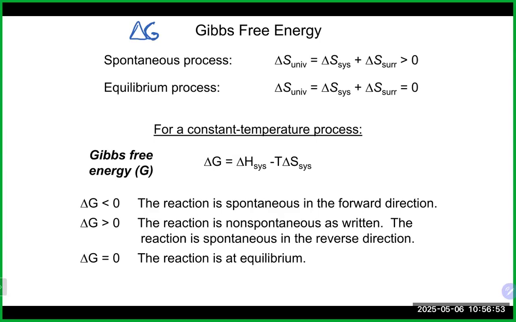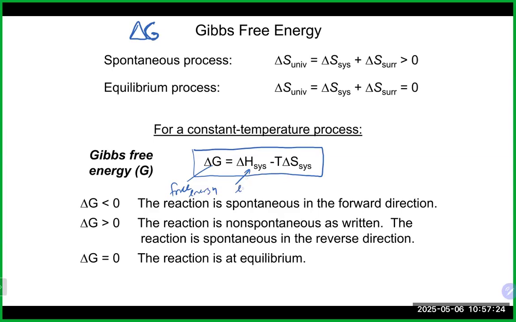And as we just talked about, in a spontaneous process, the delta S of the universe will be positive. In an equilibrium process, it will be 0. This is one of 5 different ways we will see delta G calculated in this chapter. Maybe it's 4. But this is one version of how we could get to a delta G. And the delta G in this case is equal to the delta H minus T delta S. So this is our Gibbs free energy.